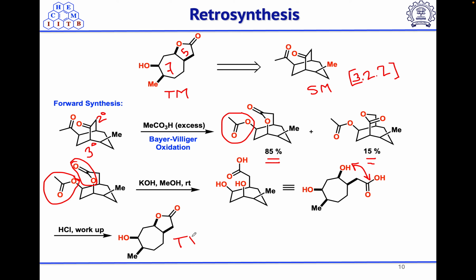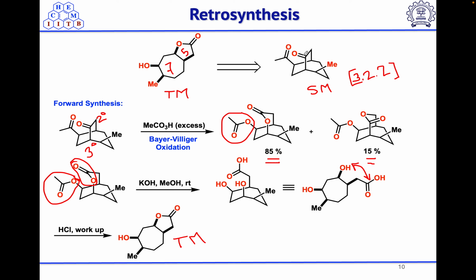So you can imagine a very interesting example of this retrosynthetic plan. This target molecule is a 7,5 fused ring with a lactone, and the starting material is a 3,2,2 bicyclic compound. So how can you think about this conversion? Very interesting, amazing example.